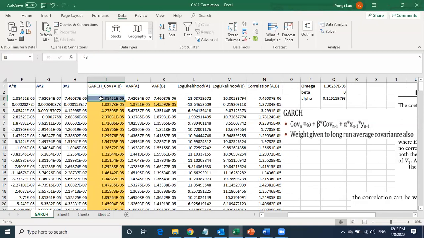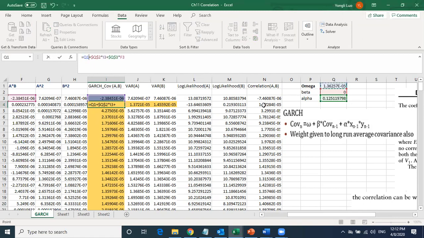For the first one, we're using F3, which just uses the covariance from the product of their returns. For the second time period, we have to use the formula. Remember, this is your omega.